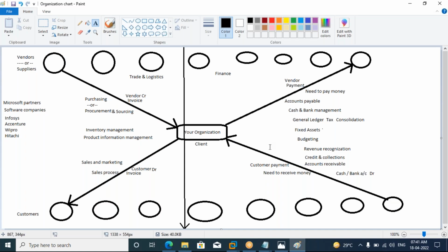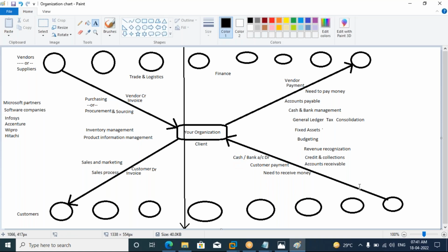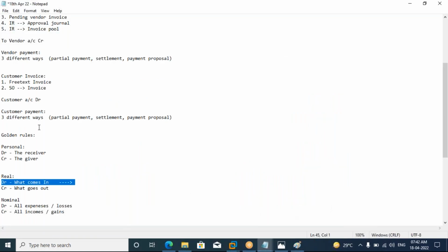So while doing customer payment, our cash or bank account will be debited. This is what comes in. Money is coming in, so cash or bank is debited.